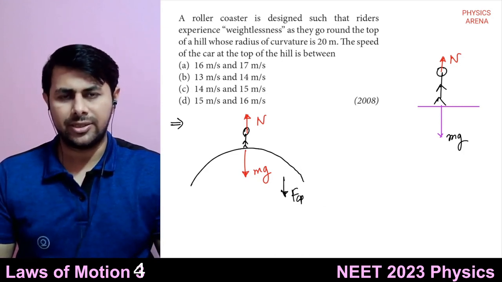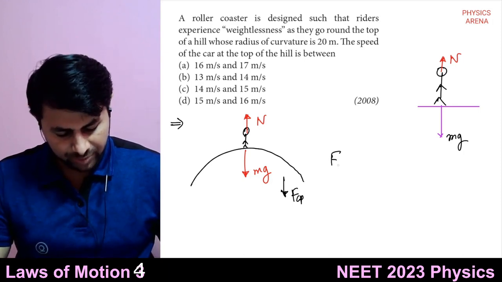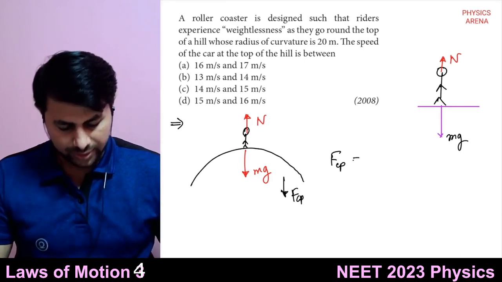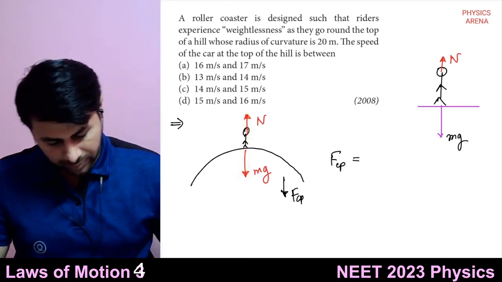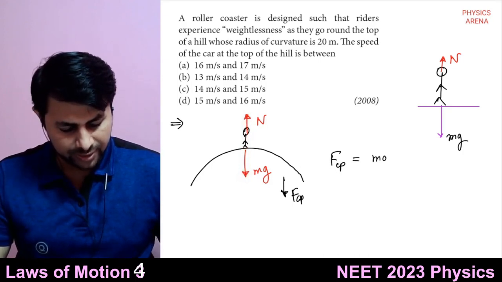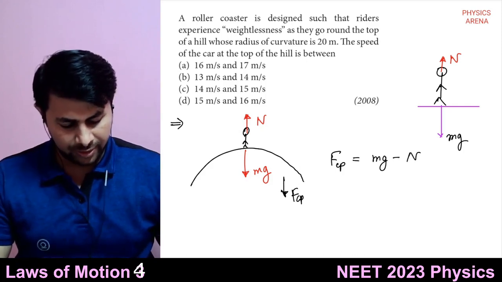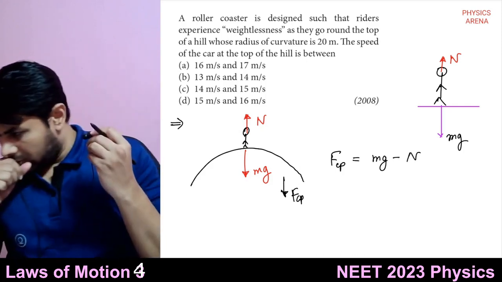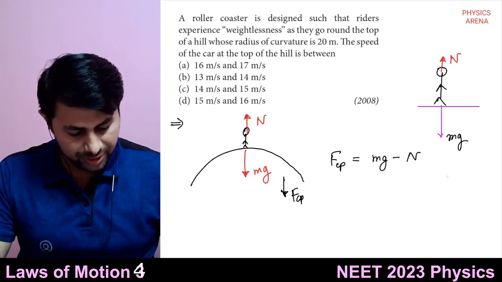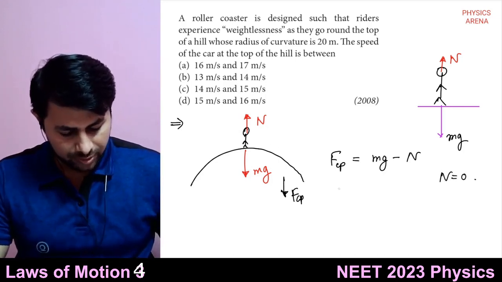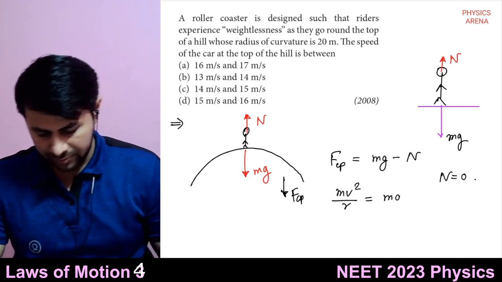So what provides this centripetal force? It's very easy. Here, FCP is downwards, so it is net downward force minus net upward force. So it is mg minus the normal reaction. And if the person feels weightless, that means N is equal to 0. So FCP, which is mv square divided by r, is equal to mg.